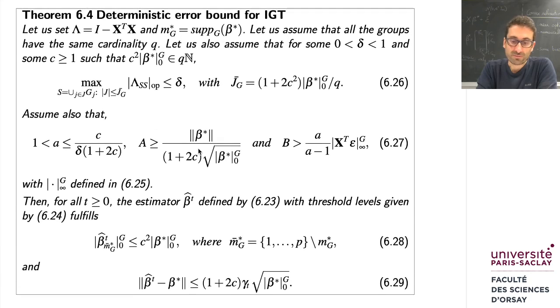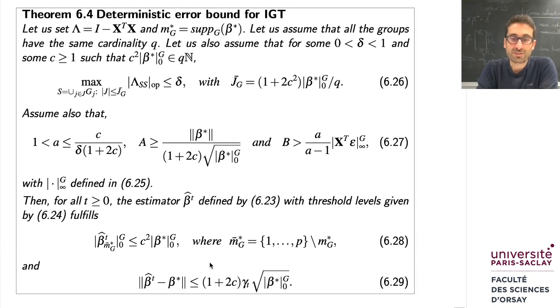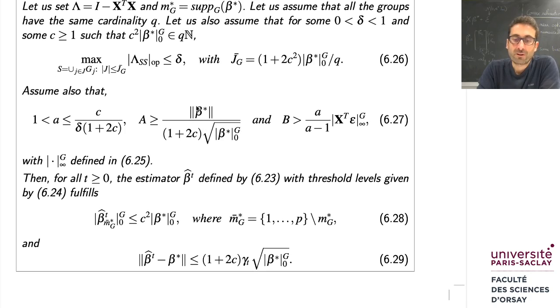Now that you have proved that these results hold, then as before, we need to choose A and B in order to have this condition with high probability. For A, since our choice of A guarantees that A was larger than beta star, we do not have to do anything, we can use the same A. But for B, we have to choose B so that B is larger than this.